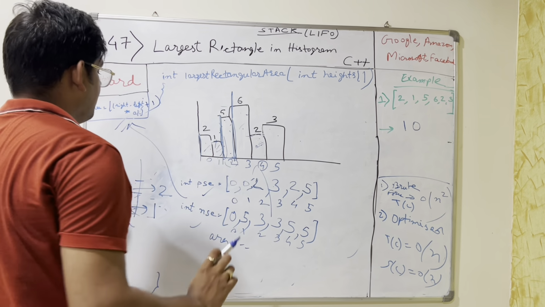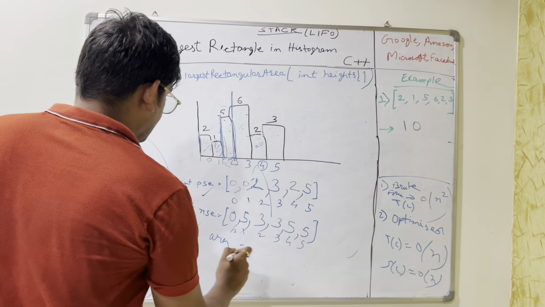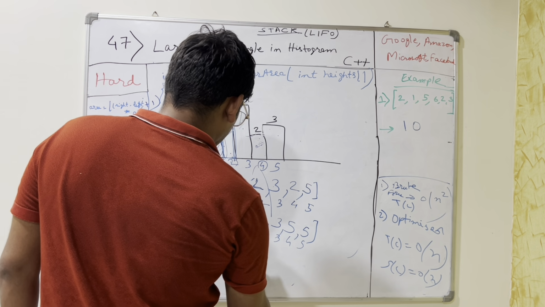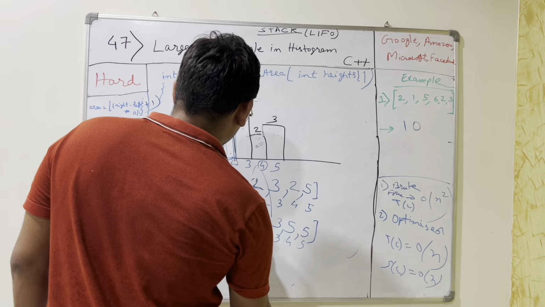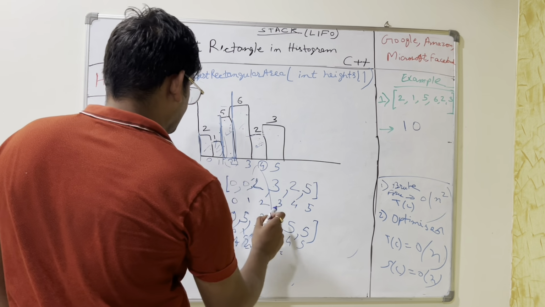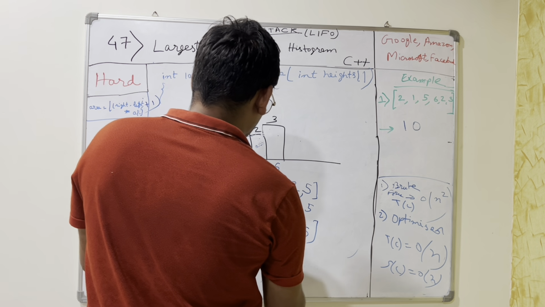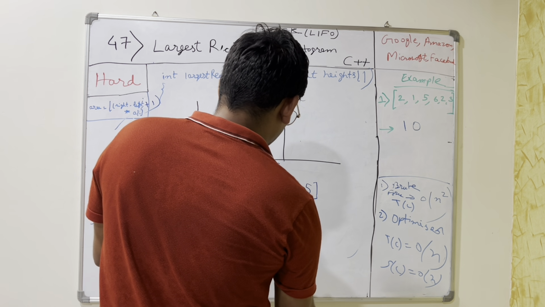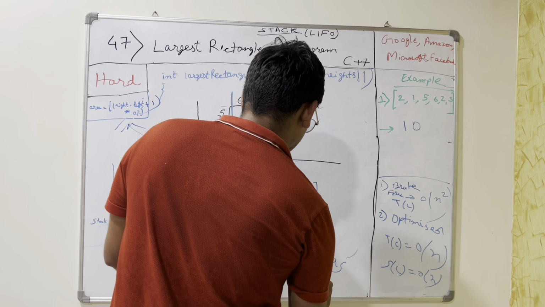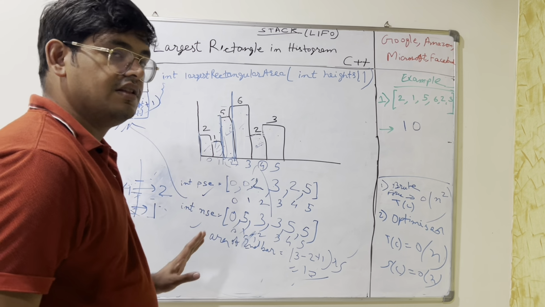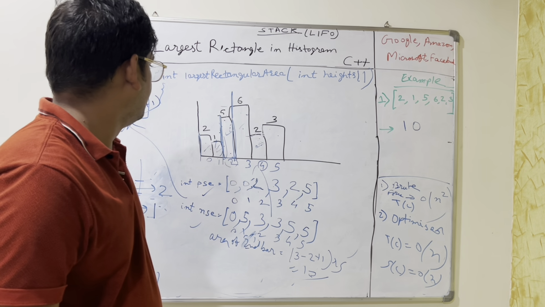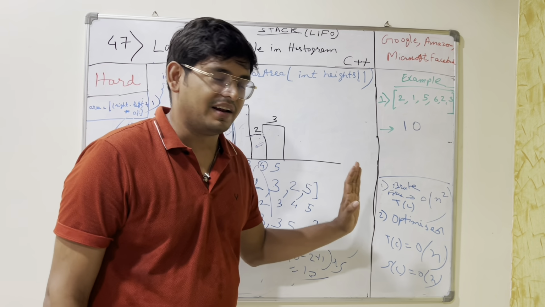So it will be right minus left plus 1 into A of I, and in that way we can see that for this bar, the area of the second bar, we can find it in order of 1, that is 3 minus 2 plus 1 into 5, which is 10. So in this way we can find the area of the largest rectangle in order of n.